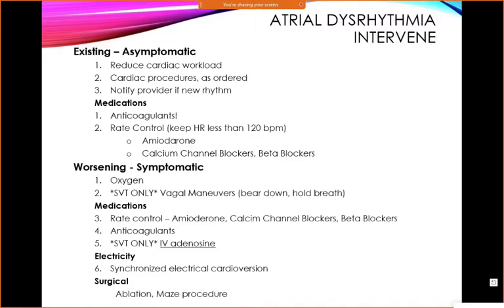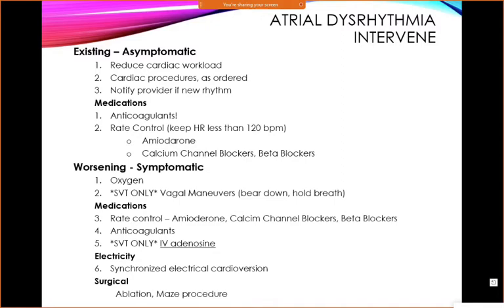If you do have this problem, if you have an AFib or an A-flutter, even if you're asymptomatic, once you've been diagnosed with atrial fibrillation, atrial flutter, they will probably put you on anticoagulants and rate control if you stay in those rhythms. If they cannot get you out of those rhythms, they will put you on anticoagulants and rate control.